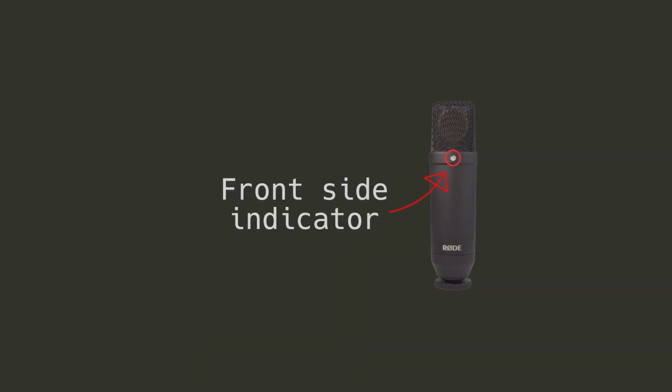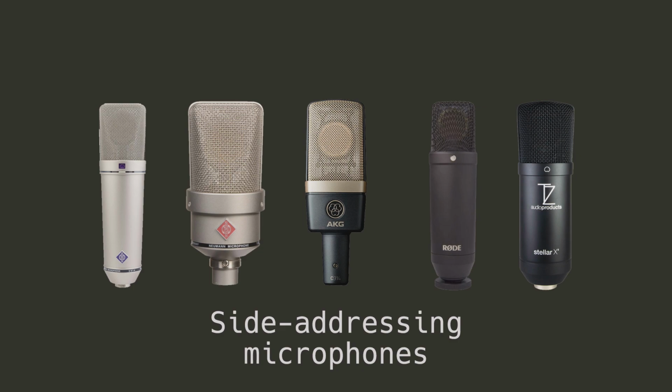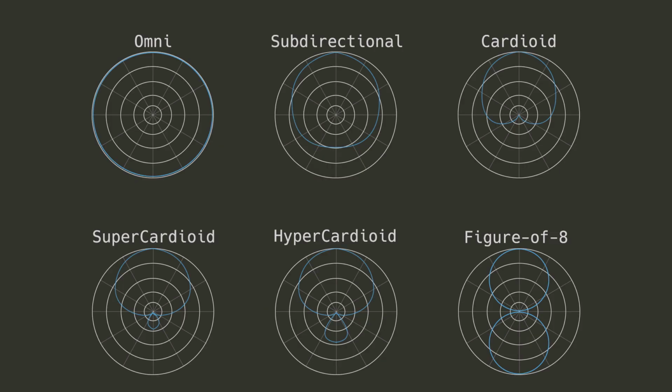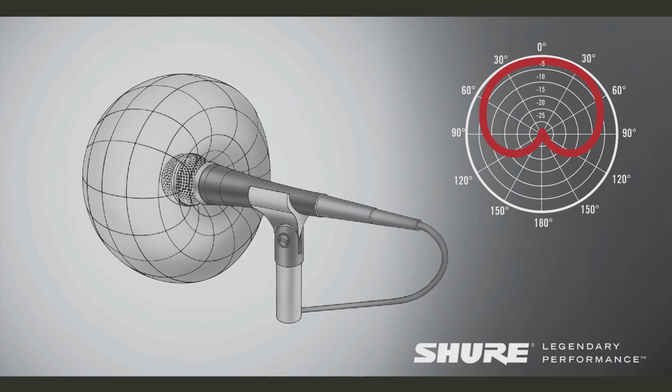Most voice actors know that if you turn your microphone the wrong way, almost no sound comes in, which is because it only picks up from one side, known as side addressing, or the end, if you have an end addressing microphone. These patterns are usually called polar patterns. We can put it on top of the microphone, like shown here on a cardioid pattern. The bigger the bubble, the more it picks up.